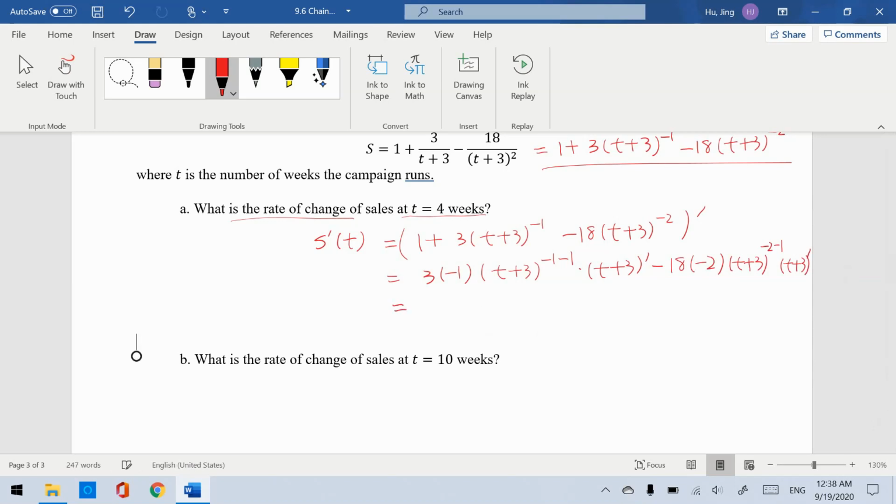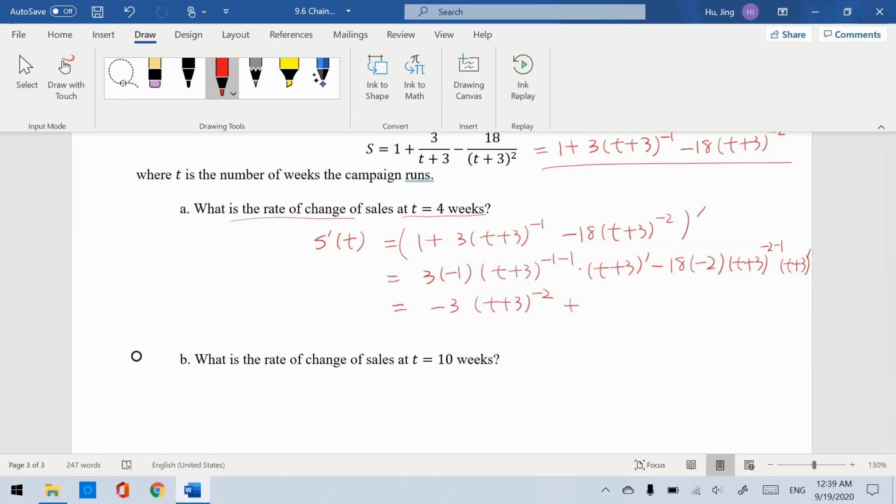Okay, so now let's clean up: negative 3 (t plus 3) to the negative 2. Here is just a 1. Even if you forget this term, you would get the same answer, but you have the wrong concept, right? Because you need to do one more derivative.